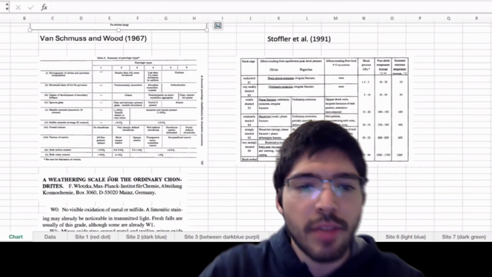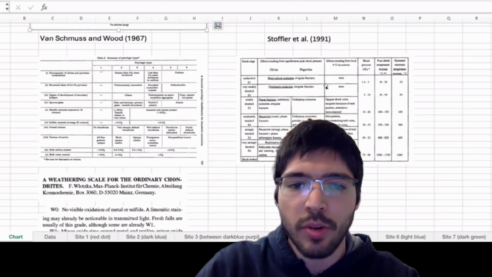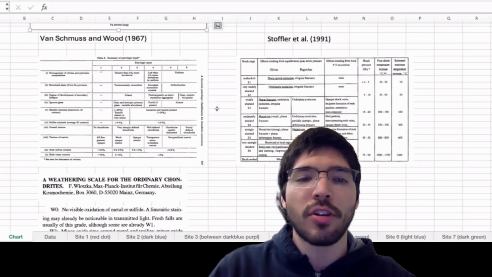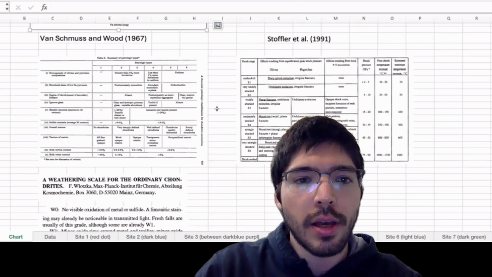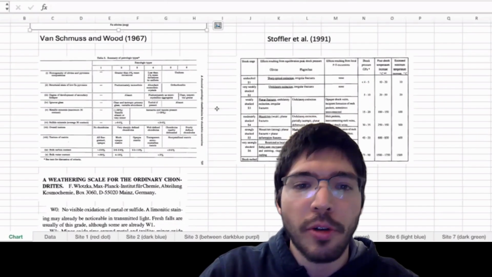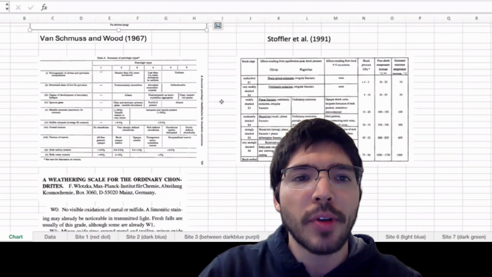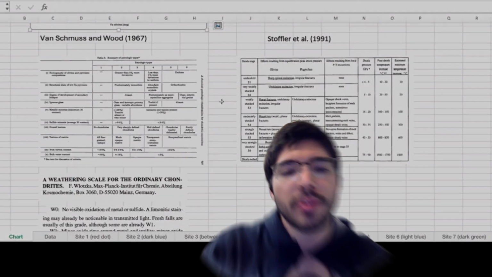But the overall idea for some sort of system like this tends to fit the trends that we see in ordinary chondrites from 3, 4, 5, and 6 petrologic types. So it's not perfect, and obviously there are many things that are outdated in several of these schemes, not just this one, but these two as well. But they're good for anyone who's just trying to understand what is the best introductory paper that I should read if I want to learn about petrologic type or shock stage. Agreed. And these are all relatively simple to read compared to some of the papers that are out from the past few years.